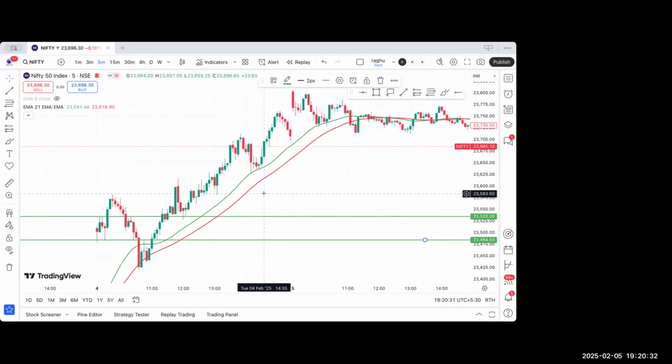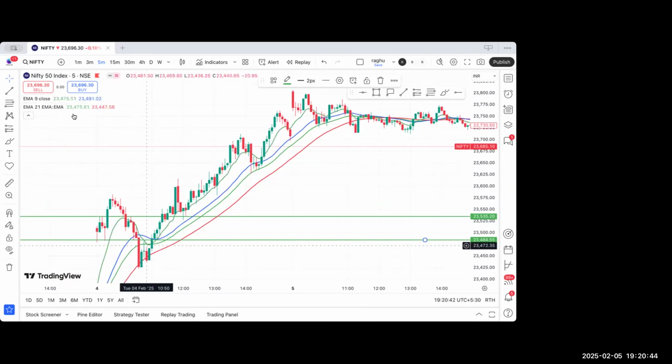Along with the ORB, you activate your EMAs. Now, it is the EMA 21. It is not closed above or below the EMA. That is the first confirmation. If you are using 9, even 9 is also not closed below or above. Now you got an entry here because this is a green candle.